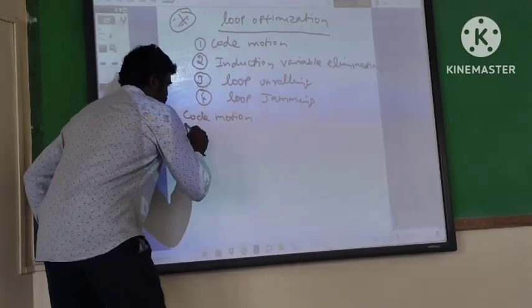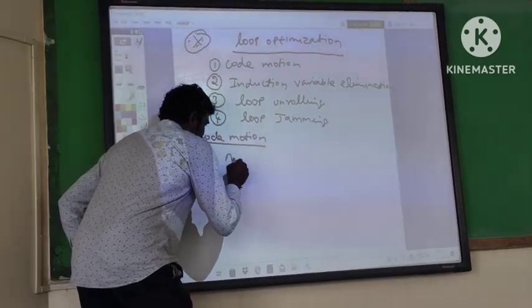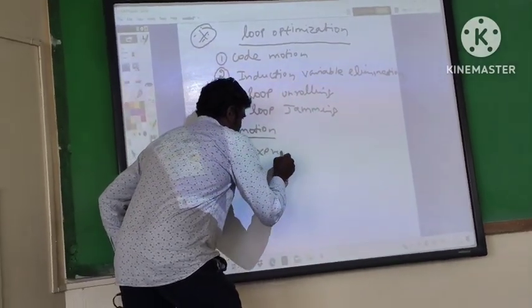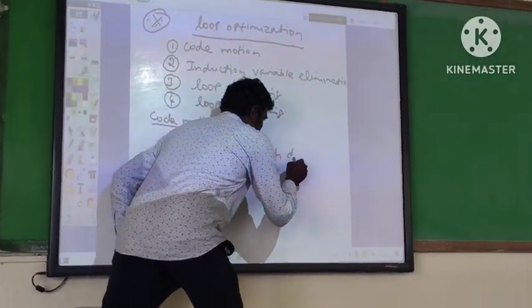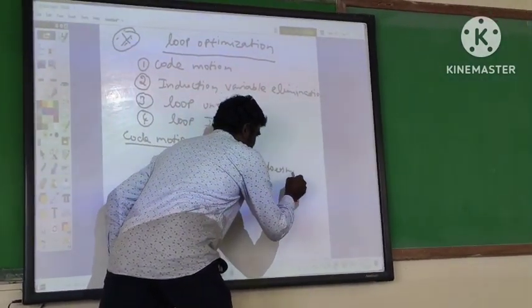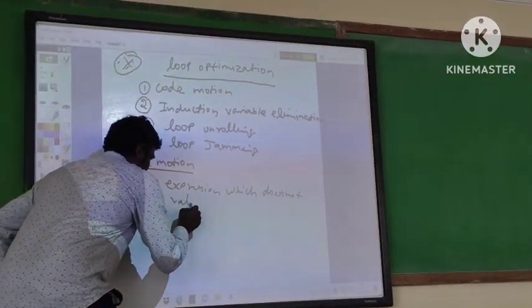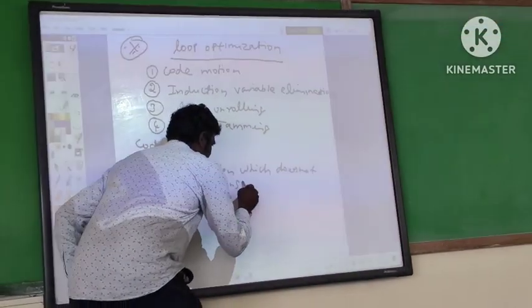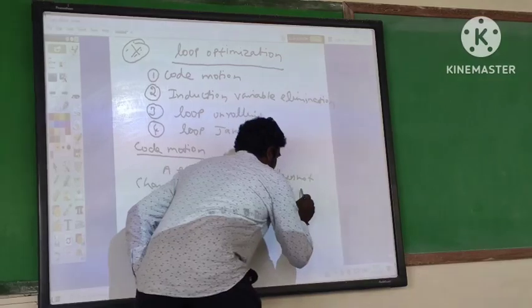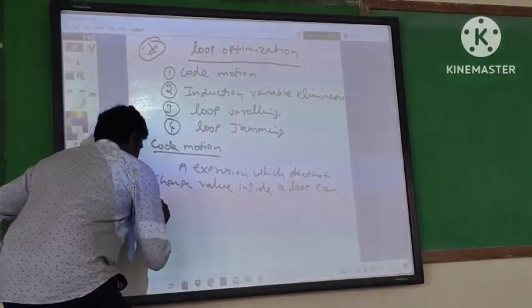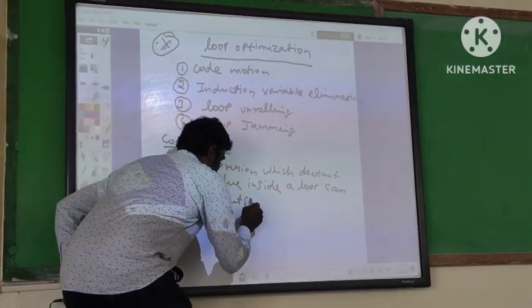Code motion: an expression which does not change value inside a loop can be moved outside of the loop.